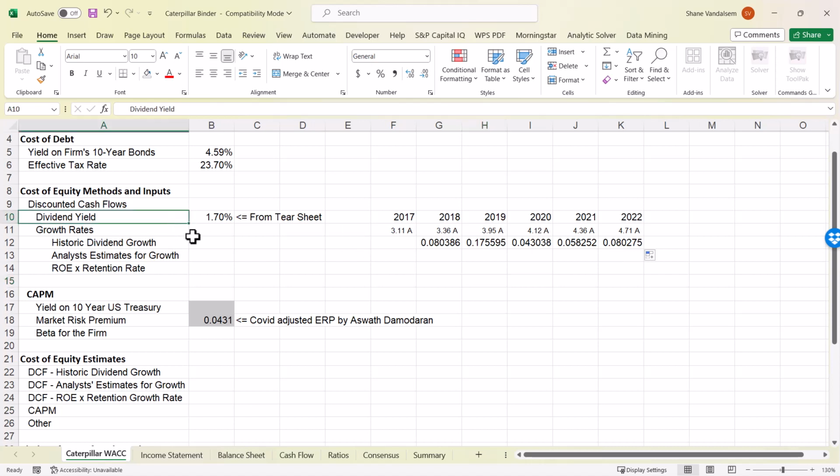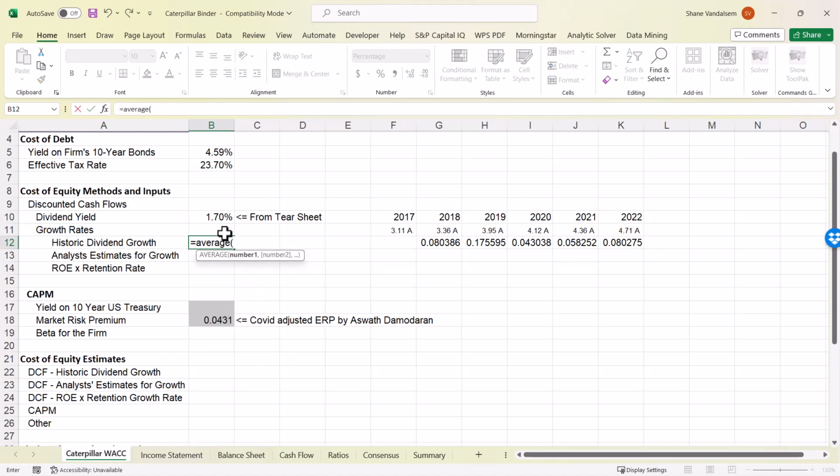So I'm going to say here that the historic dividend growth rate is equal to the average of the growth rates for these 5 years. So I get 8.75%. And that makes kind of sense. You might play around with that a little bit. Could be 8% or something like that as well from the previous year. But that's what we'll stick with here.